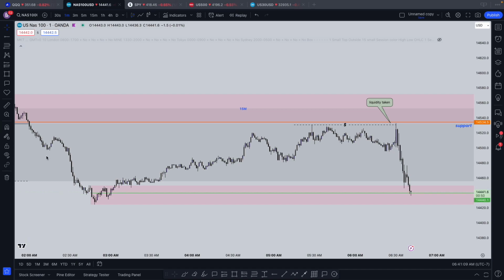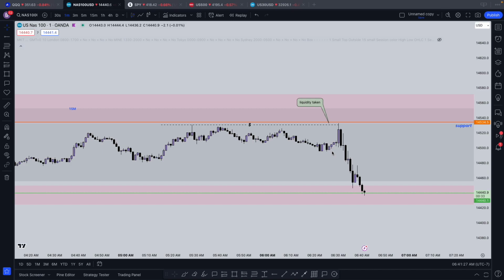So we do have a demand zone right there. So yeah, that's my trade for the day. Don't have to look at this again today if I don't want to. Caught a very nice trade all the way up from here.